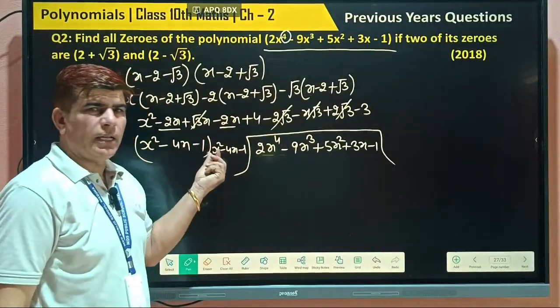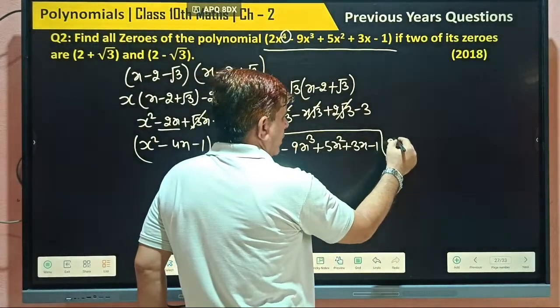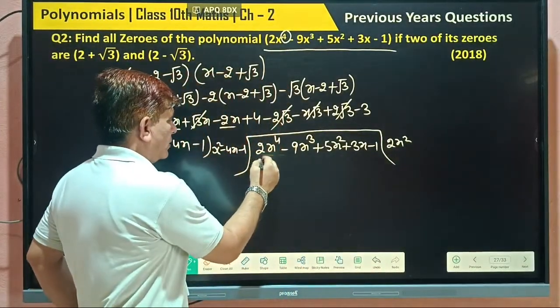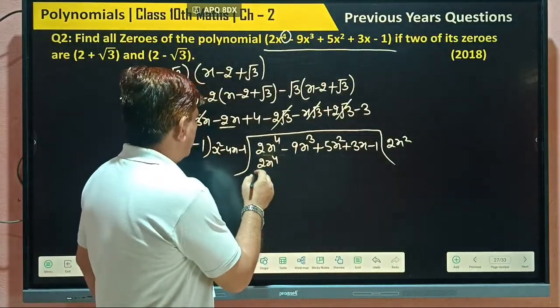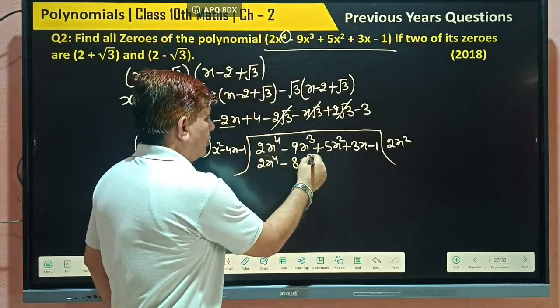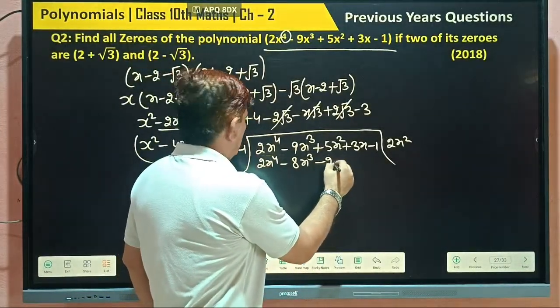I can multiply this with 2x square, so it becomes 2x power 4 minus 8x cube minus 2x square.